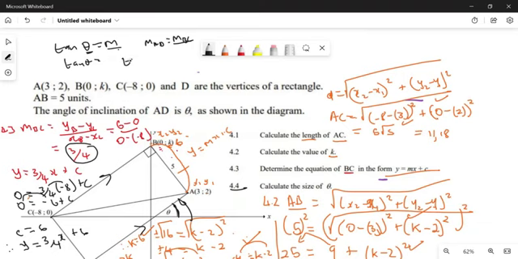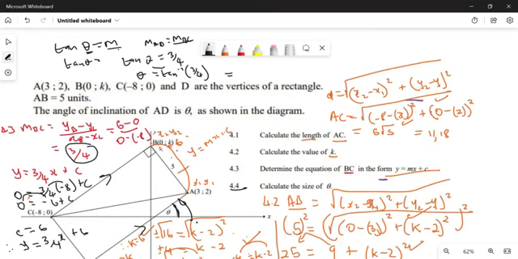Then it means tan of theta is going to be equal to 3 over 4. Now, for those of us who did trigonometry, how do we get theta? Theta is going to be given by tan inverse of 3 over 4.